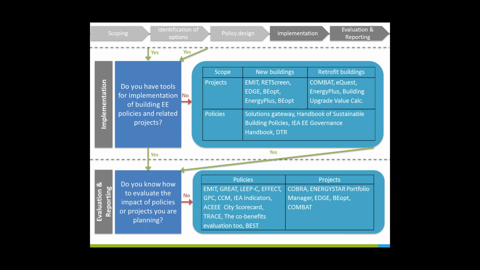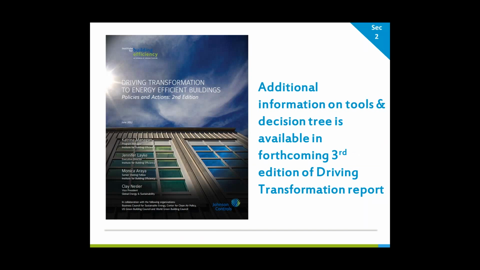As I said, this is a living document, and we are summarizing the findings of this analysis in the next edition of the Driving Transformation report, which should be published during next year. So you can find more information and sources in this document, as well as if you have any questions or you would like to find particular tools, you're very welcome to contact us directly.